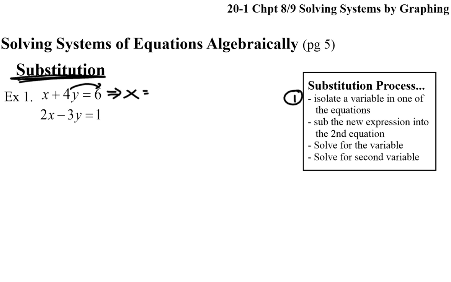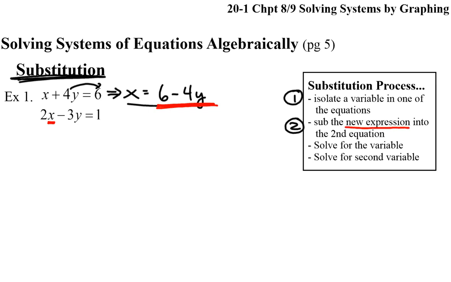So x equals 6 minus 4y. There's step one. I've isolated one of the variables. The second step is now that I have an x expression, I can take my new expression for x and plug it in for x in the second equation.